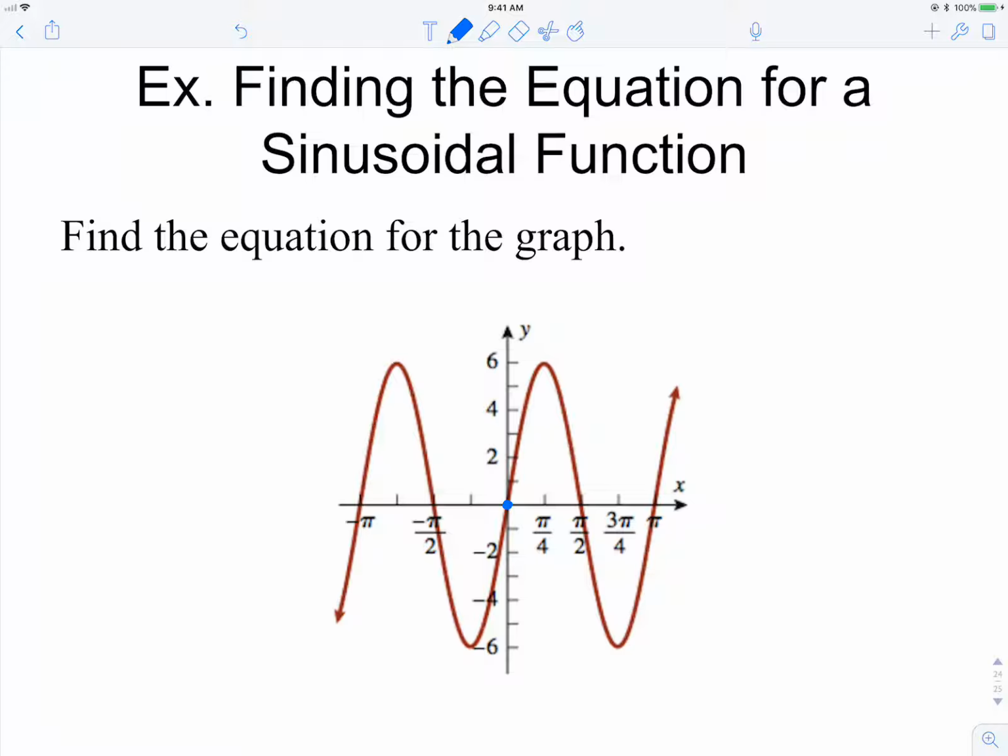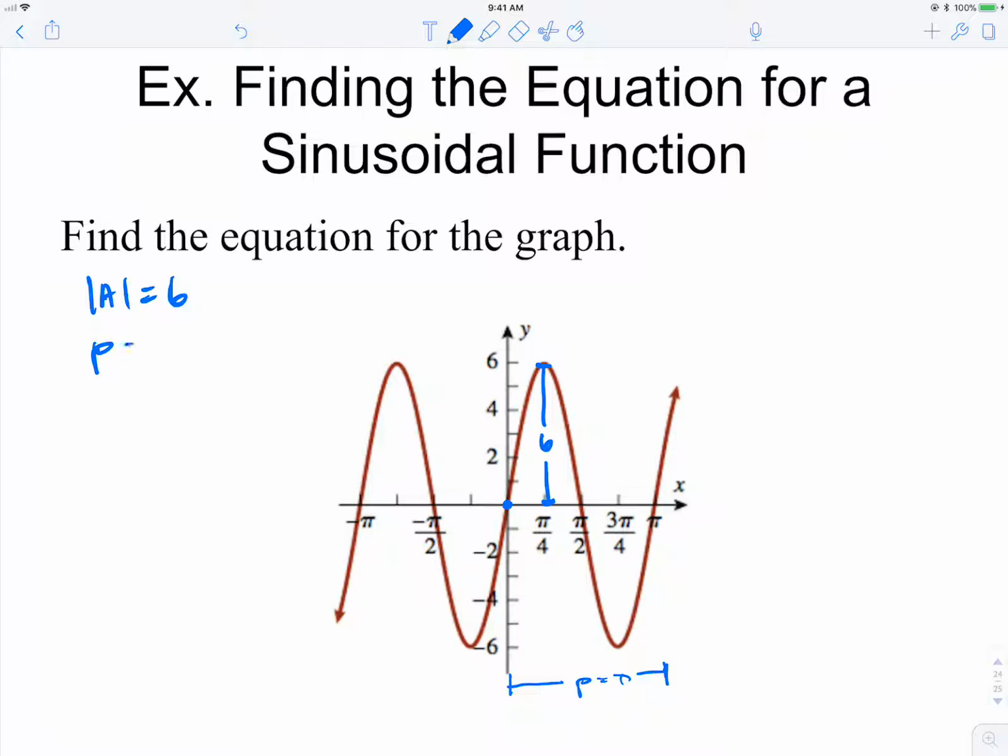The period of this graph looks like it is pi, and the amplitude looks like it's a positive 6. And there's no vertical reflection, because the parent function of sine usually goes up first, and this graph does as well.